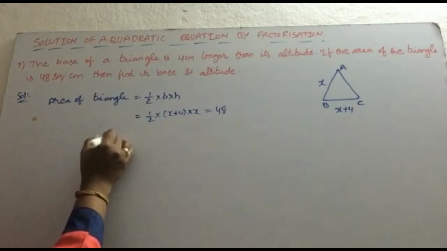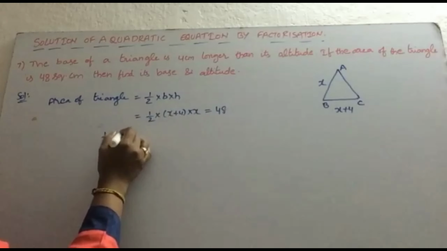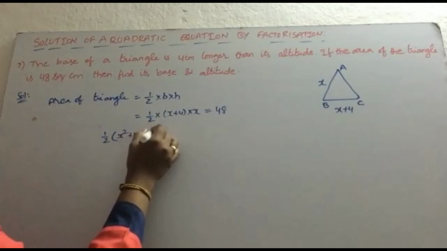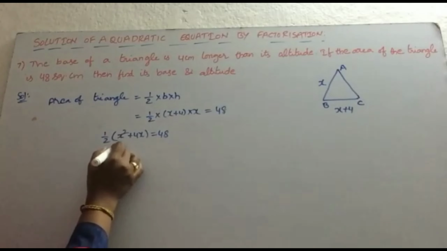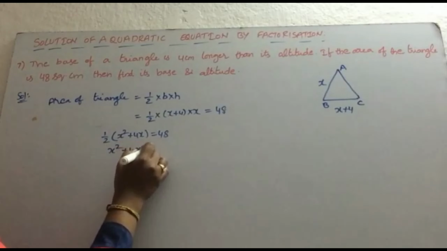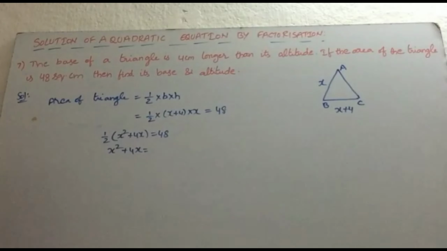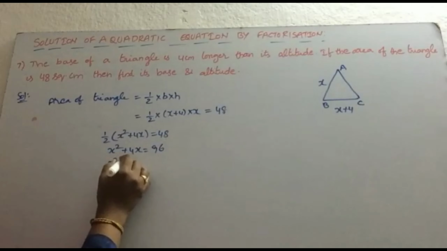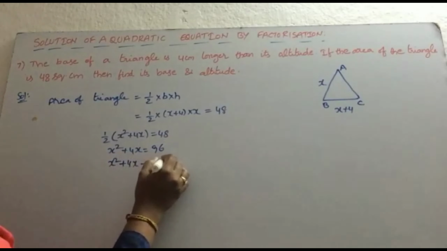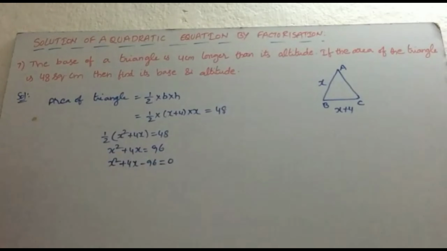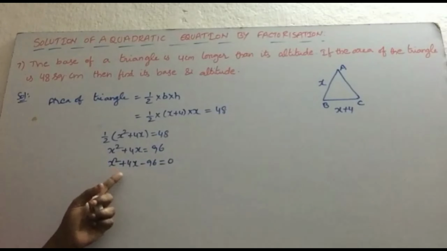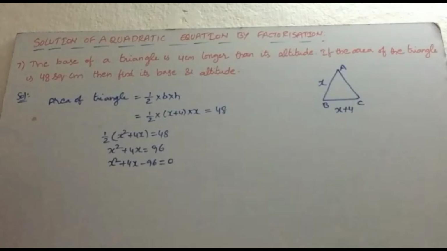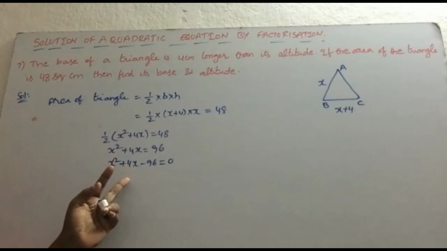So half into (x square plus 4x) equal to 48. So x square plus 4x equal to 48 into 2, that is 96. Then x square plus 4x minus 96 equal to 0. This is the form of a quadratic equation.